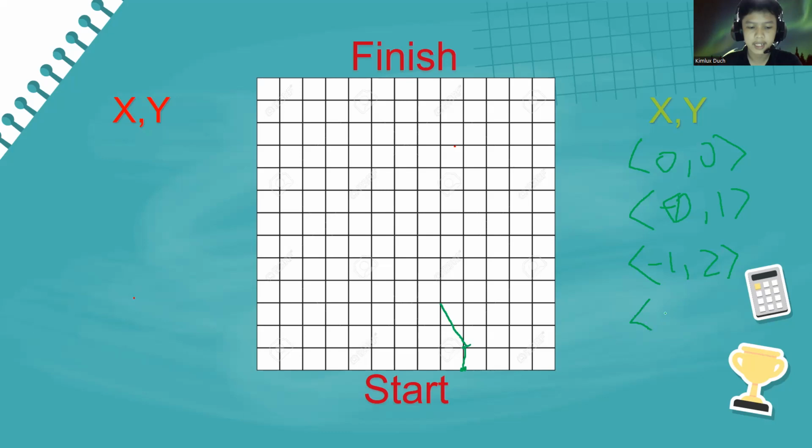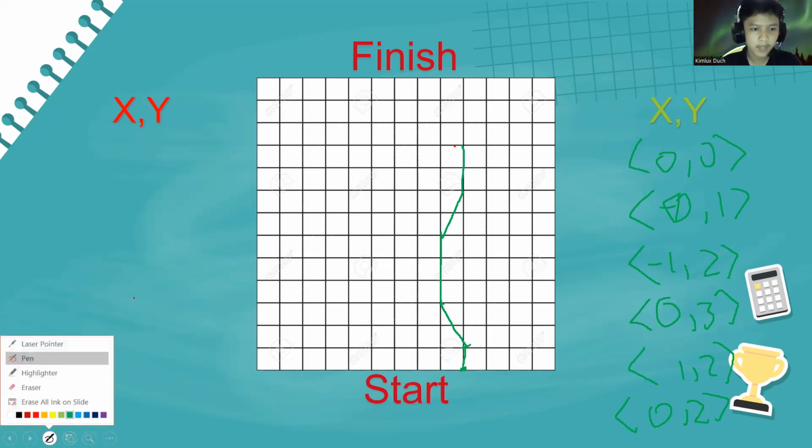My next move is 0, 3. And then my next move is 1, 2. I'm increasing this and decreasing this. So 1, 2, and then 0, 2. So 0 and 2.